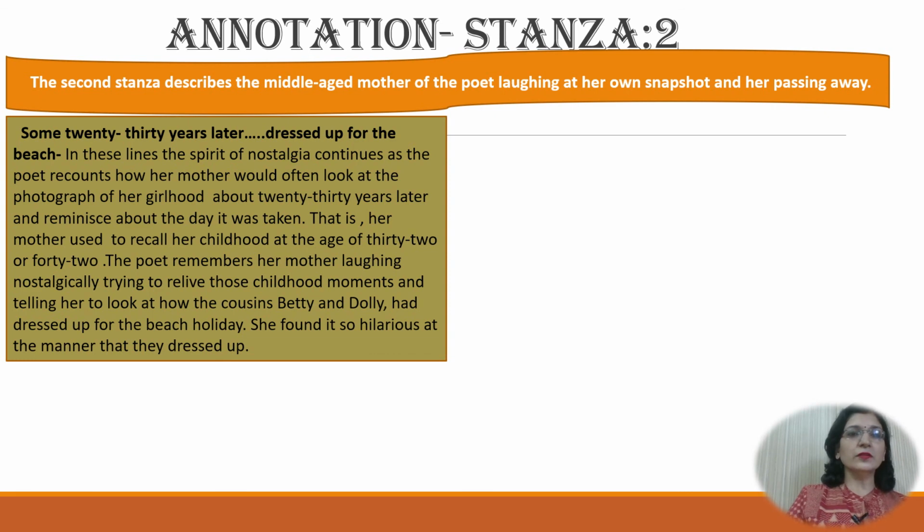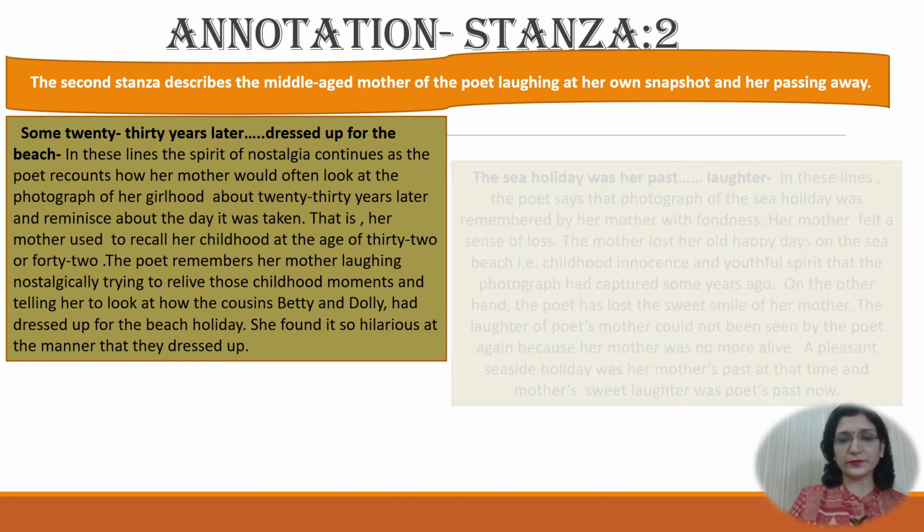That is, her mother used to recall her childhood at the age of 32 or 42. The poet even remembers her mother laughing nostalgically, trying to relive those childhood moments, and telling her to look at how the cousins Betty and Dolly had dressed up for the beach holiday. She found it so hilarious, the manner in which they dressed up.